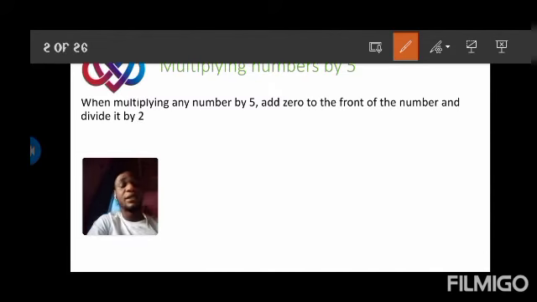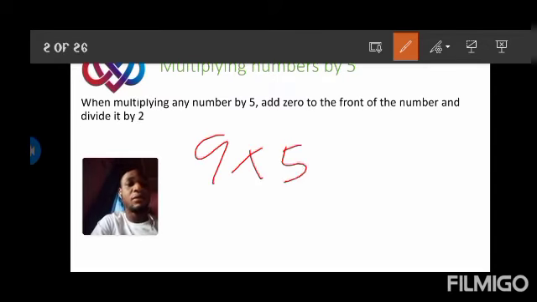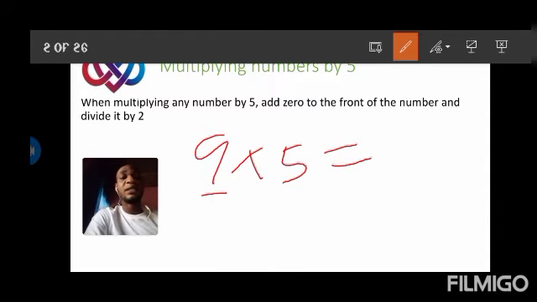Let's take for example 9 multiplied by 5. The law is very simple. It says add 0 to the back of this 9. That is, we are multiplying it by 10.